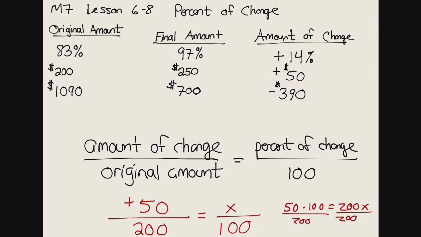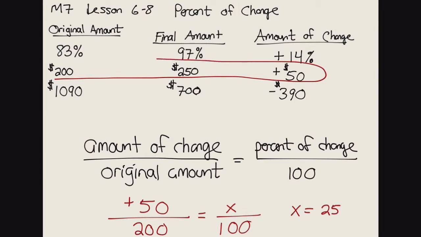Okay, I'm going to do a little bit of erasing here. I'm not going to go through all the math, but she explained it beautifully. X equals 25, which means that in this scenario, that represents a 25% increase in pay.